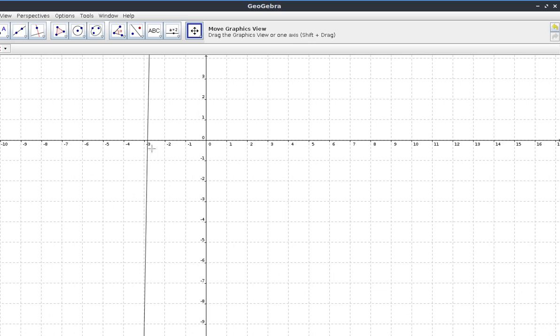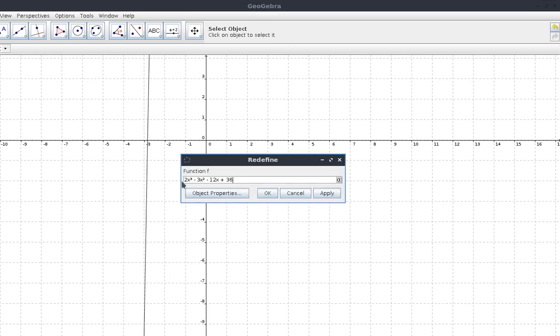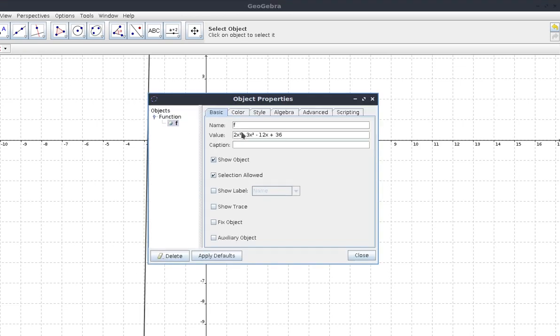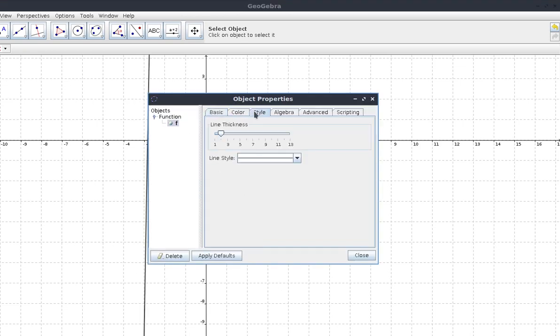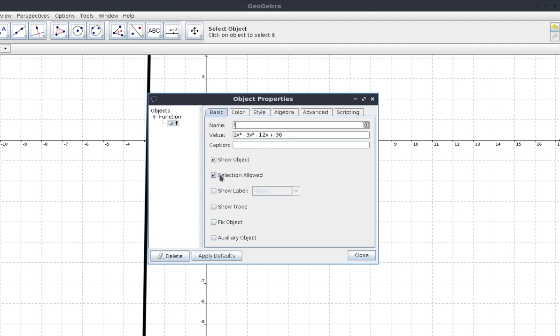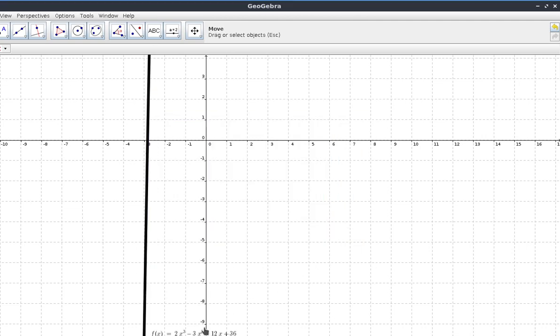Alright, we're seeing part of the graph. Let me just fix it up here. Make it a thicker line. I want to show the label. We have 2x cubed minus 3x squared minus 12x plus 36.